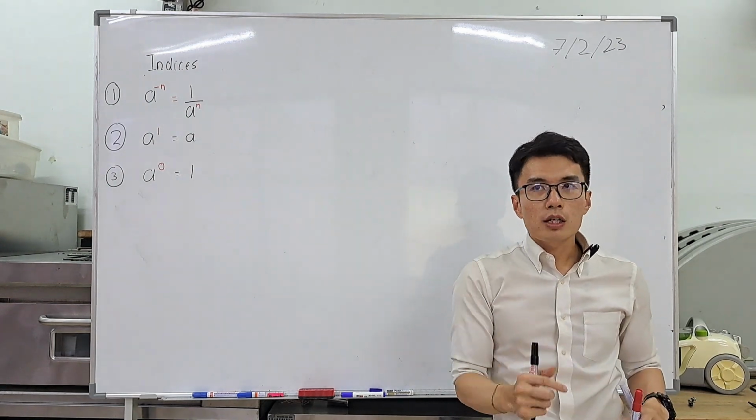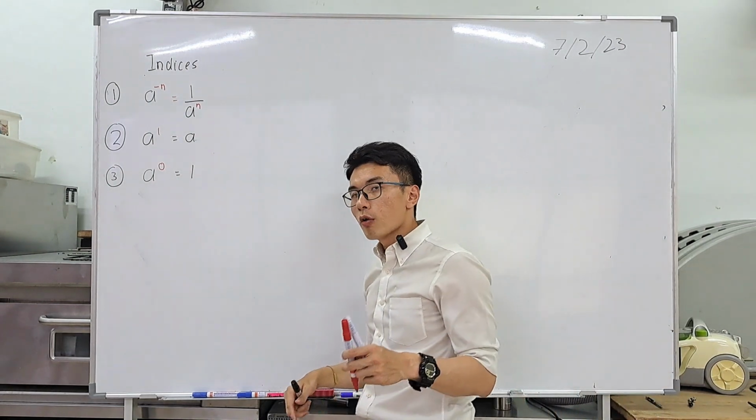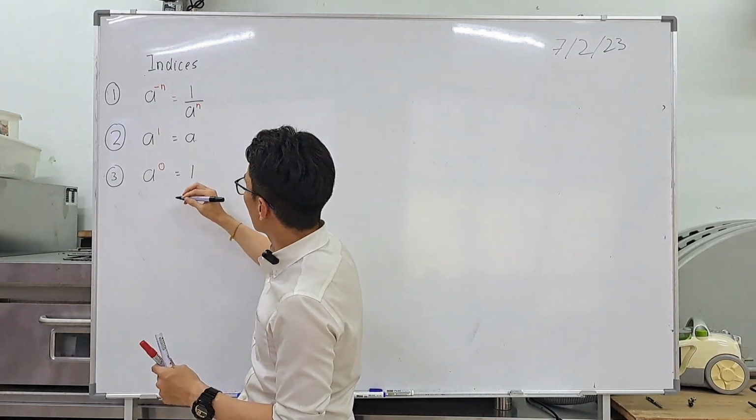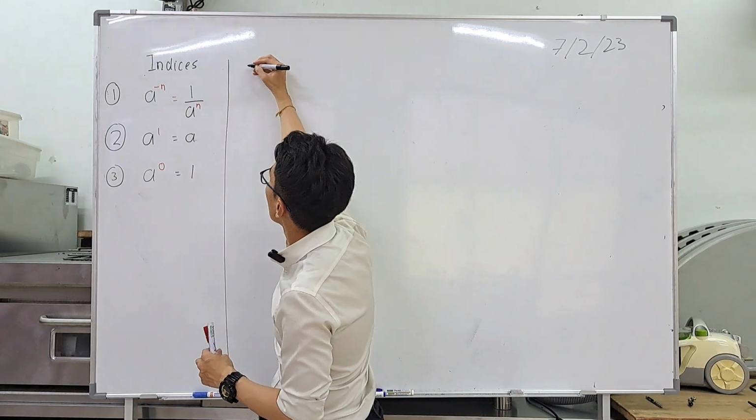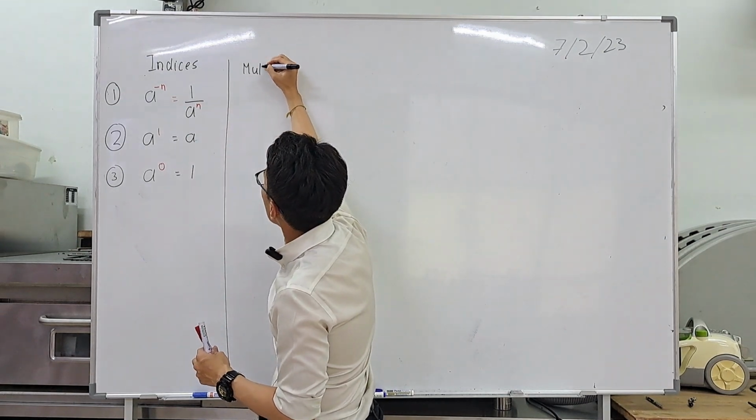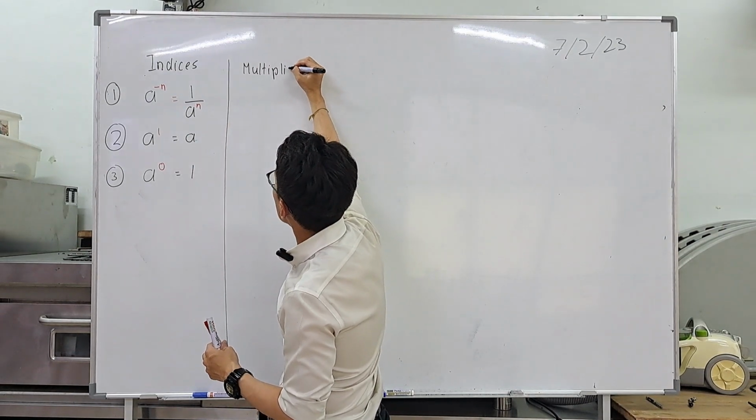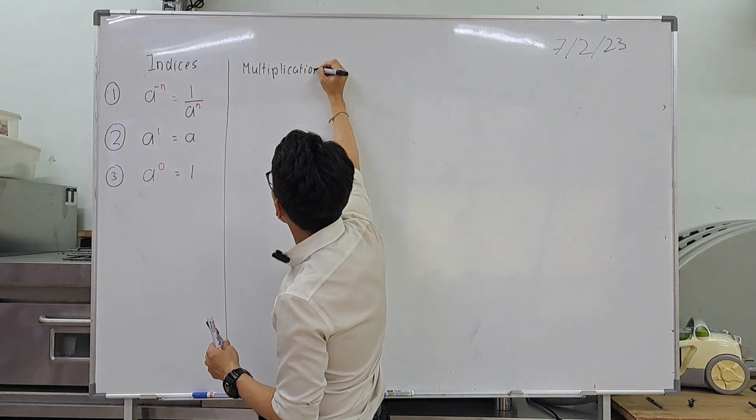For today, we are going to go with the fourth rule. The fourth rule is called the multiplication rule.